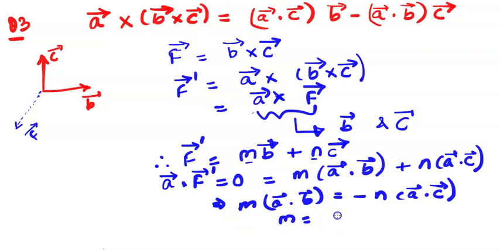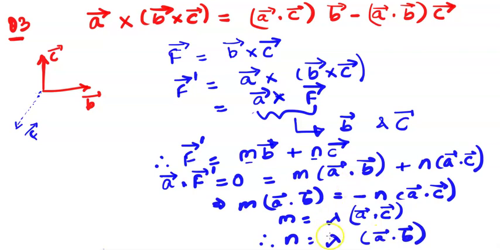M be some constant lambda times A dot C, and therefore N would be the same constant lambda times A dot B, but in the negative direction, right? So if I substitute these two values, I would get lambda equals lambda in this equation.